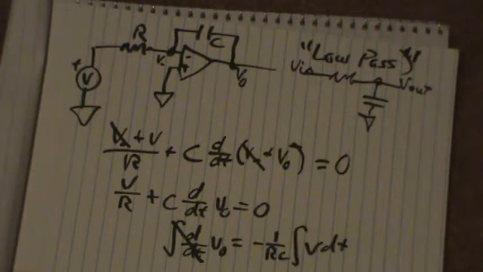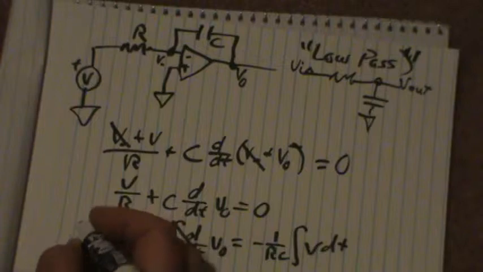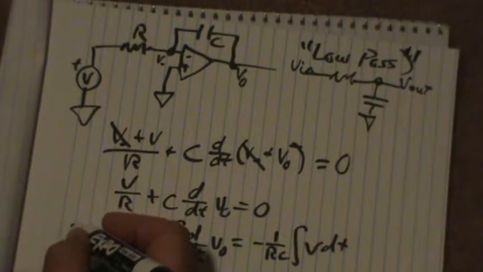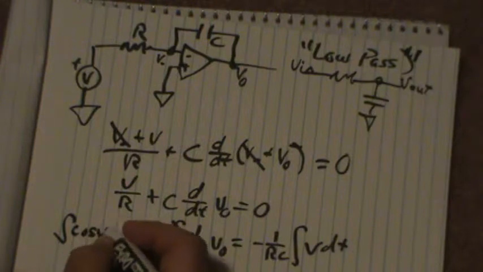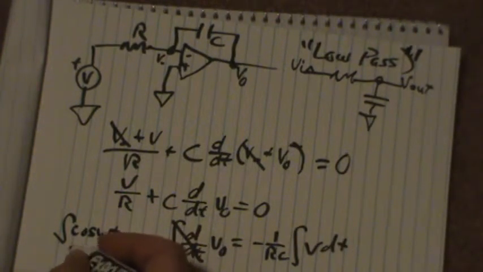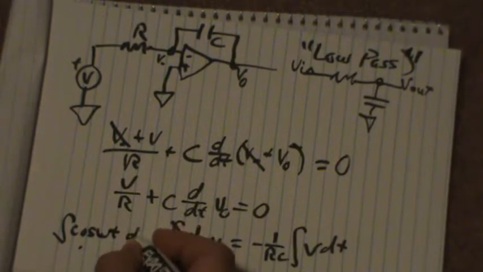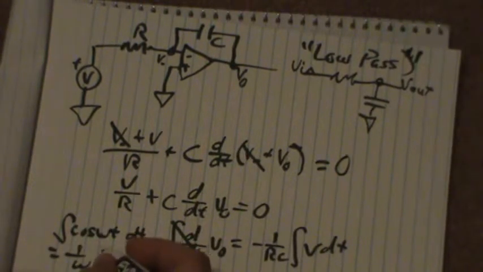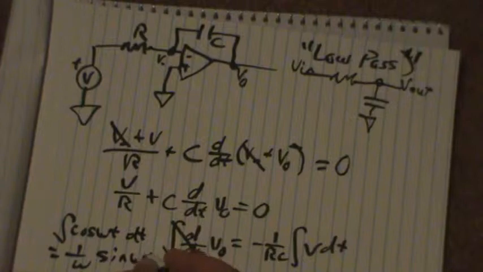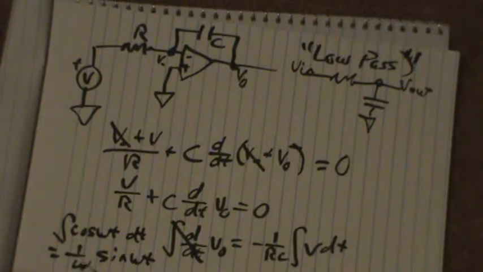Just like I talked about in the last video, if you think about this in terms of that whole thing with sine and cosine, if I take a look at integrating cosine of omega t with respect to time, I end up with 1 over omega times sine omega t. So you'll see that for low frequencies, as omega gets small, the amplitude gets really big.